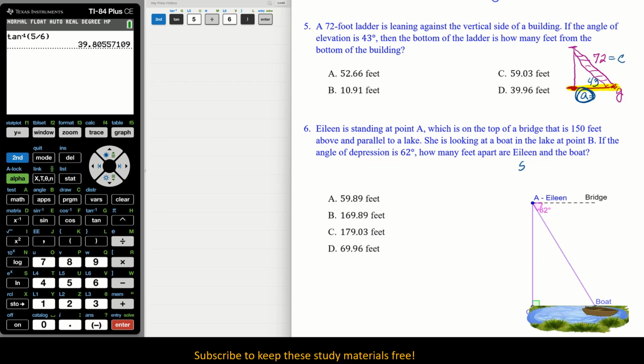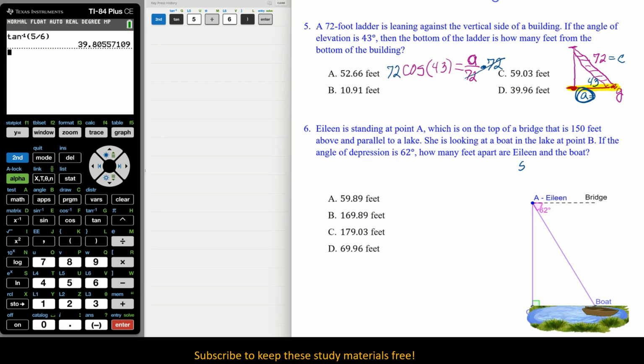So we have cosine 43, and that equals the adjacent of A, I don't know, over the 72. So you can already see algebraically, all we need to do is divide both sides by that 72.